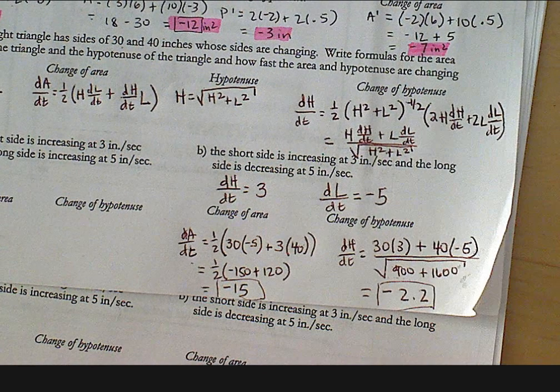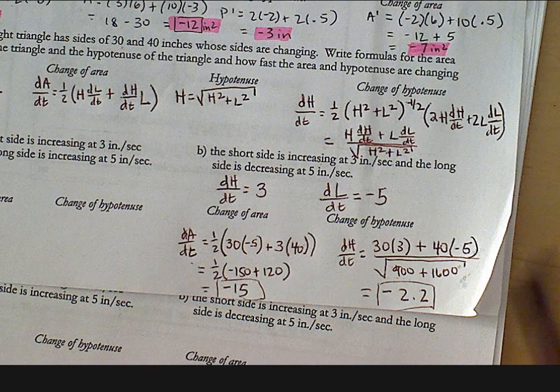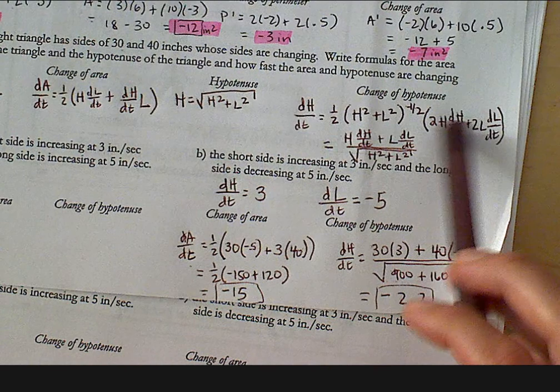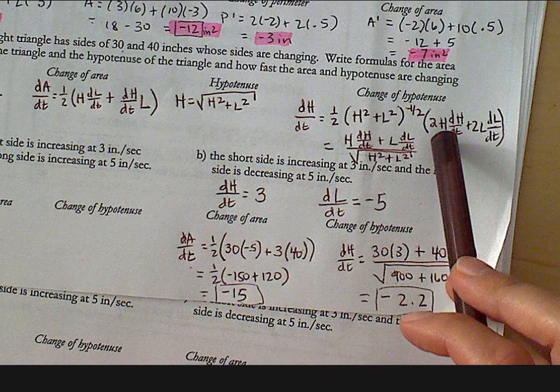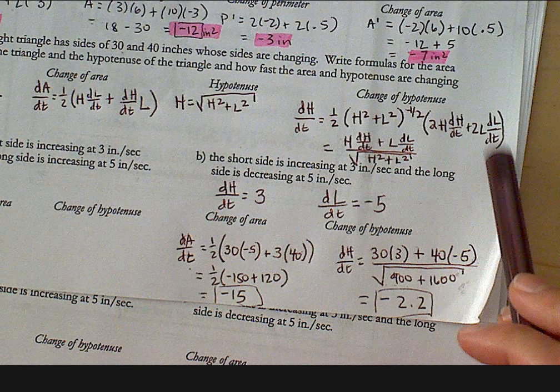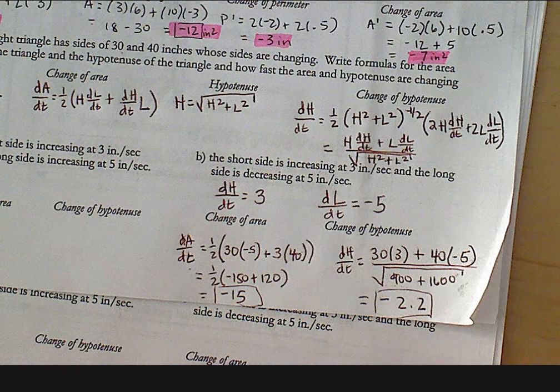So I just want to emphasize, when you're taking the derivative of one of the variables implicitly, you need to include the dH dt and the dL dt, similarly to how we would add dx dy or dx dx or dy dx.